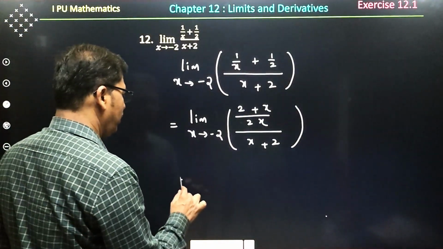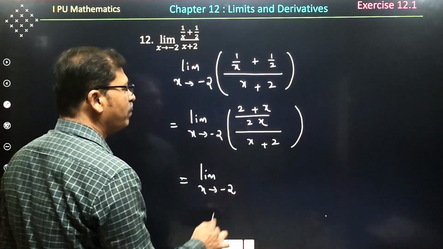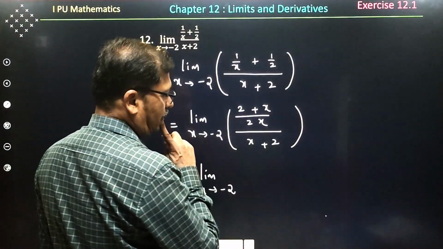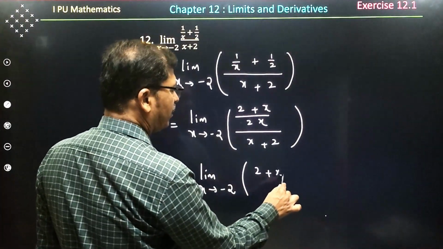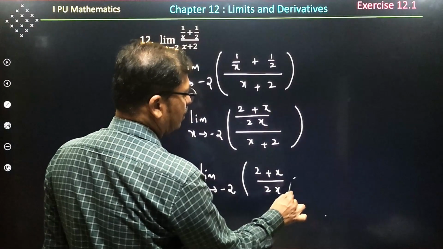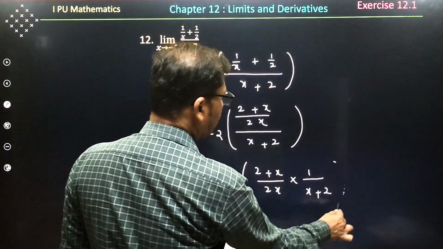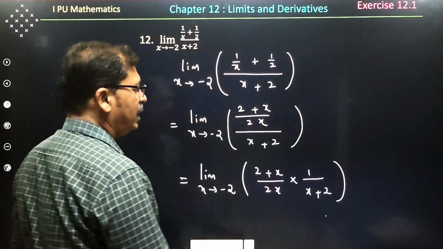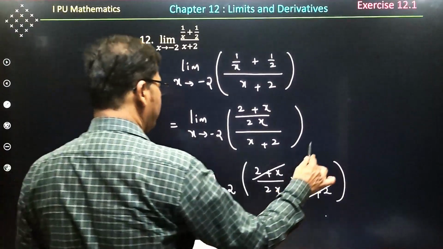Now this is equal to limit x tends to minus 2. Simplify this: 2 plus x divided by 2x, times 1 upon x plus 2. X plus 2 and 2 plus x are both the same, so it will be cancelled. What remains?